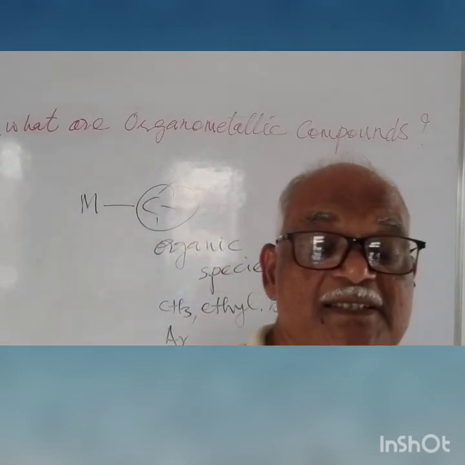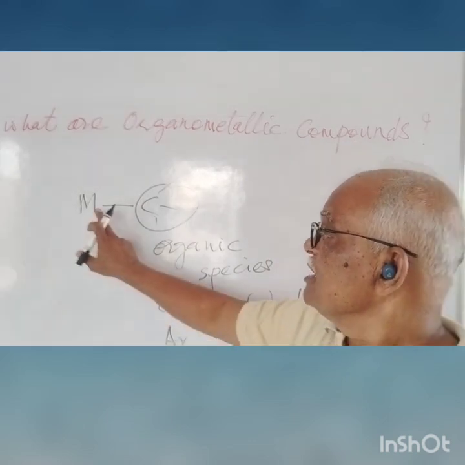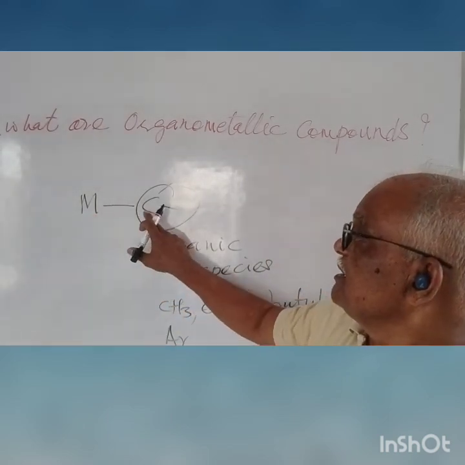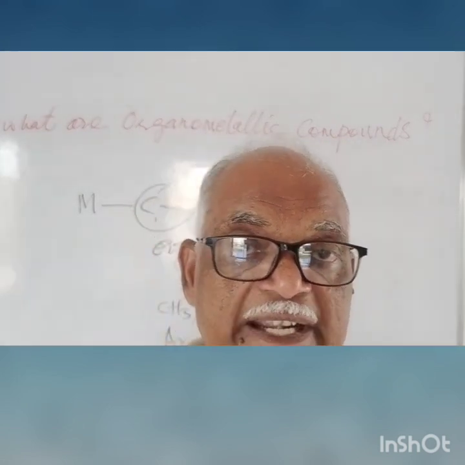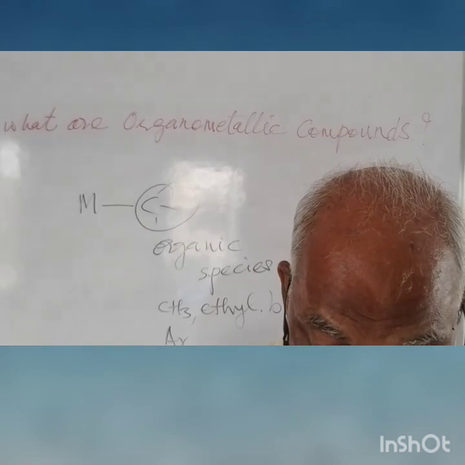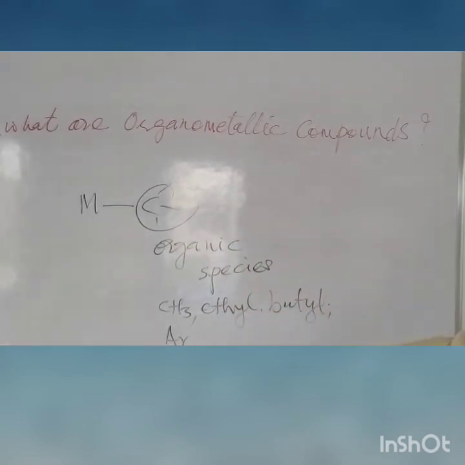So the complexes or compounds containing such a bond between the metal and carbon of organic species are called organometallic compounds. Now we can see some examples.